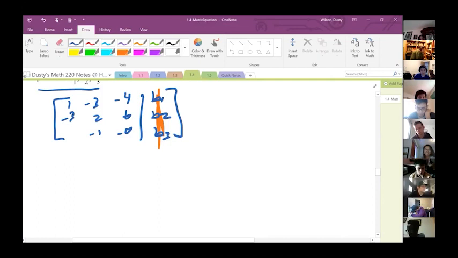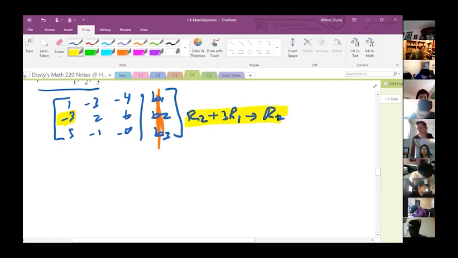-3 and 5. Okay, so if I want to get rid of this -3, and I already have a pivot, a 1 in my first pivot position, I can take row 2 and add the opposite sign of the -3, 3 times row 1. That'll become my new row 2.